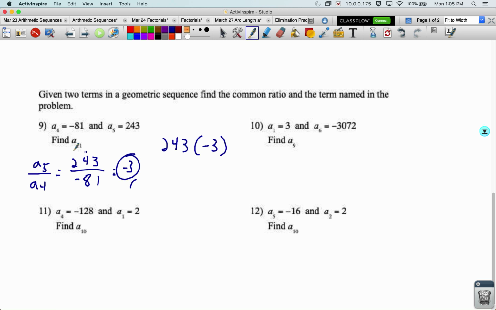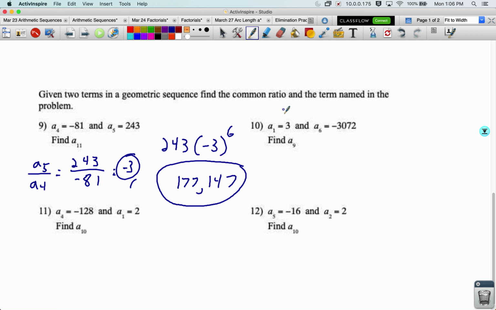To get to the 6th, 7th, 8th, 9th, 10th, 11th, I need to do 6 steps. I backed this up by 4, which gets me to 7, but you subtract another one because it's only 6 steps. All right, now I do 243 times, in parentheses, negative 3 to the power of 6, and I get 177,147.